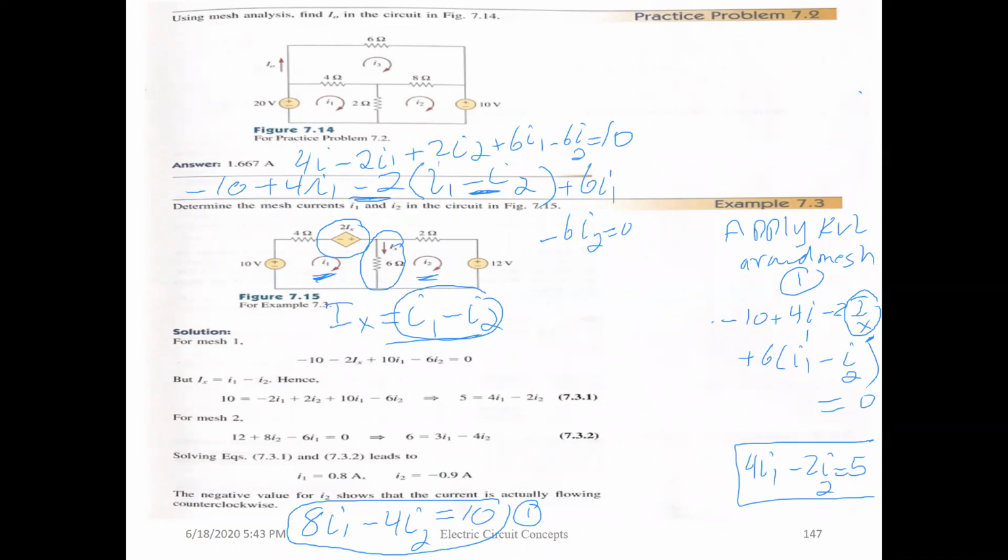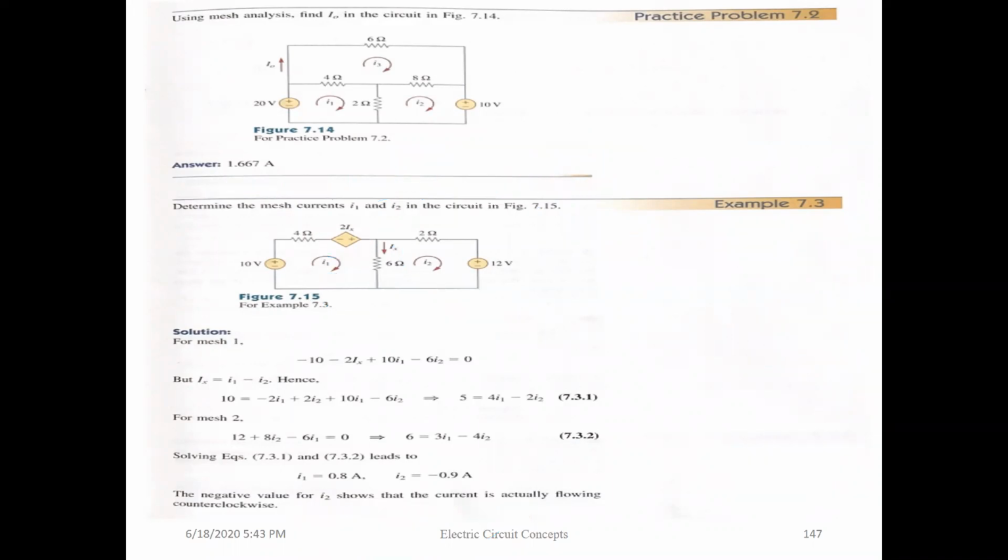Okay, now let's move on to find the second mesh equation. So this mesh here, we'll start with the 2, so it would be 2i2 plus 12, and we have 6 here, which will be i2 minus i1 multiplied by 6 equals to 0.